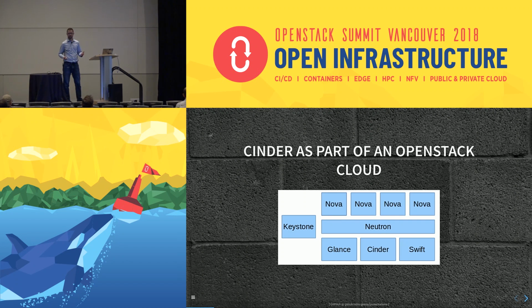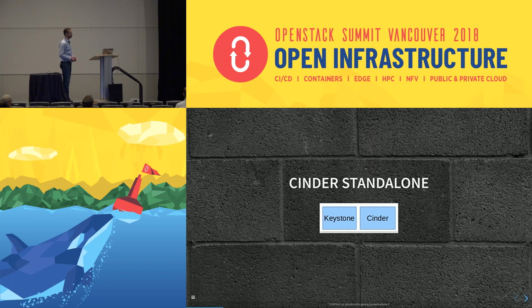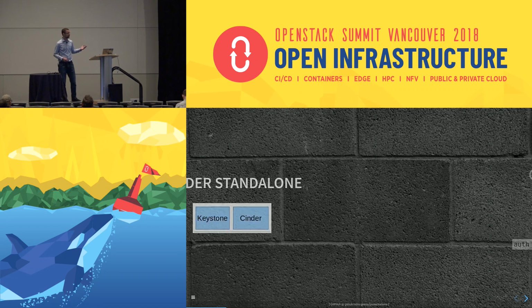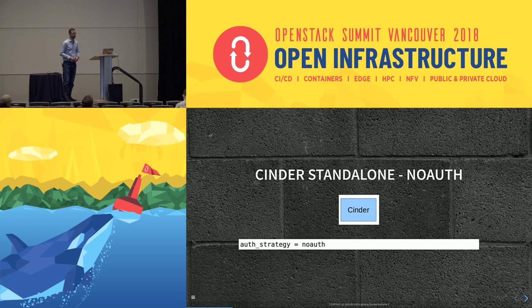But a lot of work has been done in the community to be able to run Cinder in a standalone way, where if you're not running an actual full OpenStack cloud, if you just need that storage management API, you can just deploy Cinder. And typically Keystone is also required, but there's also a configuration option. If you set auth strategy to noauth, then you can just run the Cinder services themselves. You don't need anything else besides that.